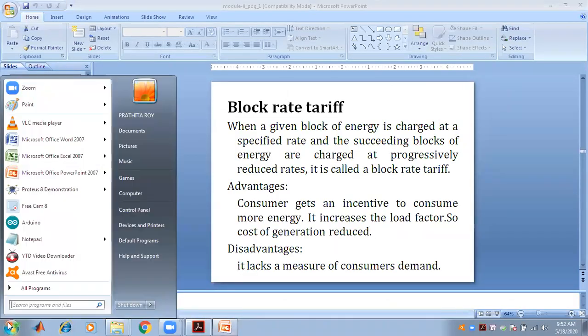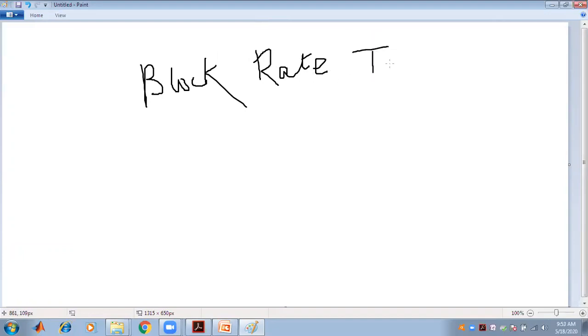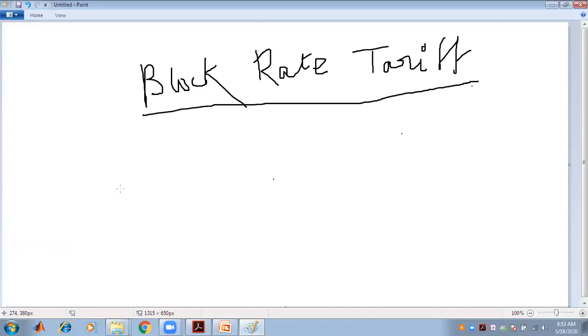So if I take the block rate tariff, so that we can understand the block rate tariff concept, say the first block means the first 30 units.